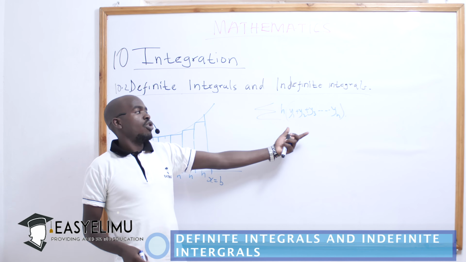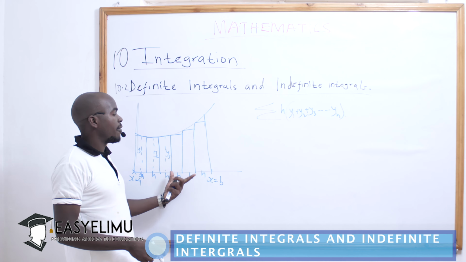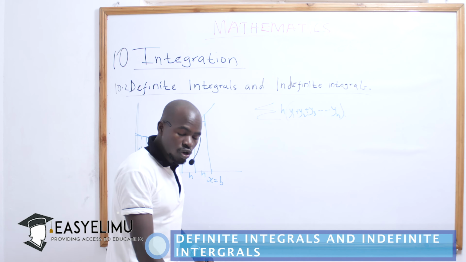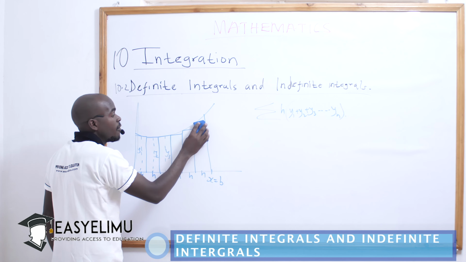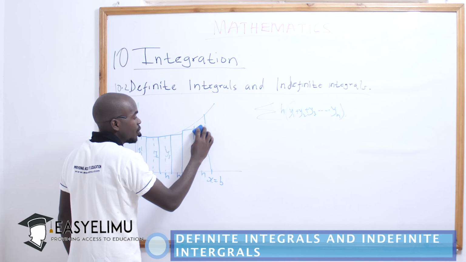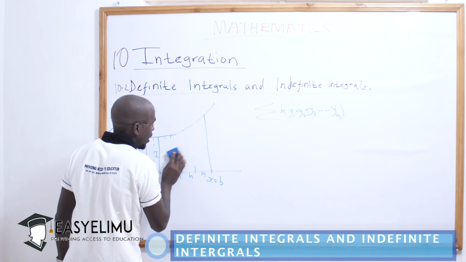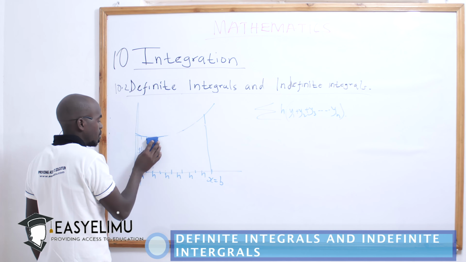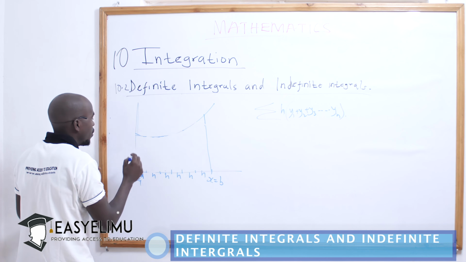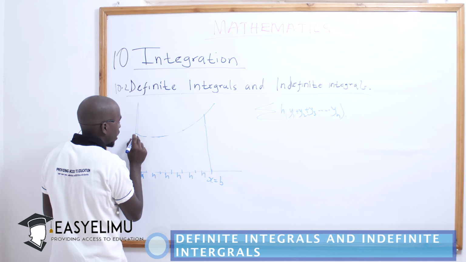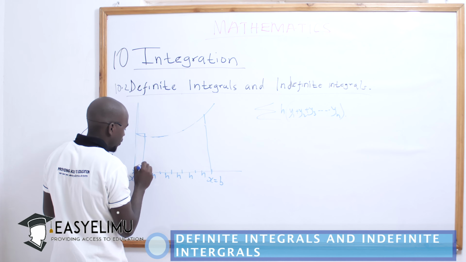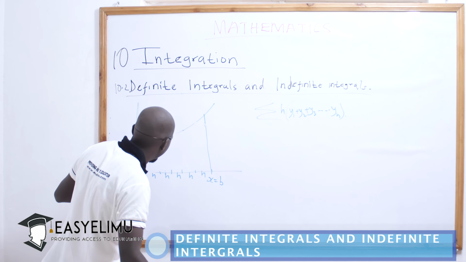So after doing that, we also overestimate the area so that we can now find the area between the two. After underestimating, now we come to overestimate. If this is the curve here, we overestimate this way with the same h.